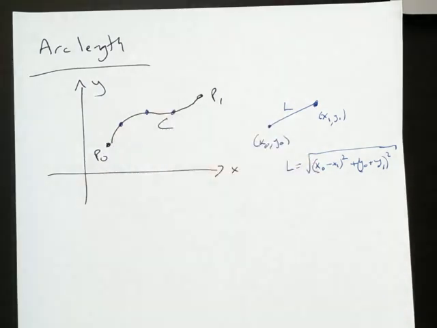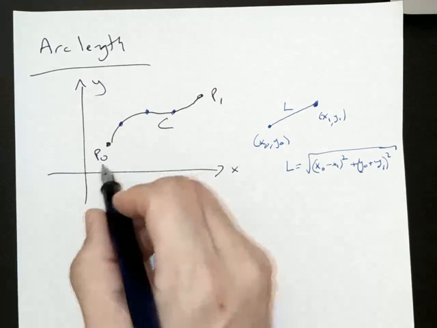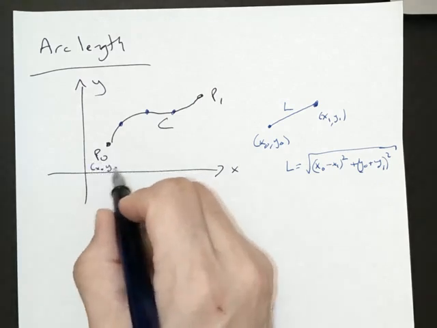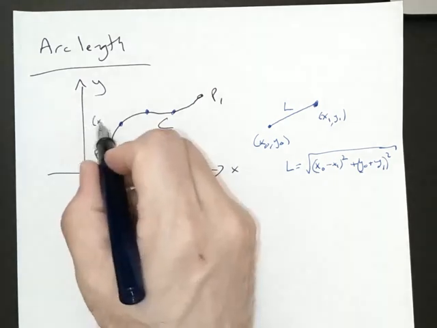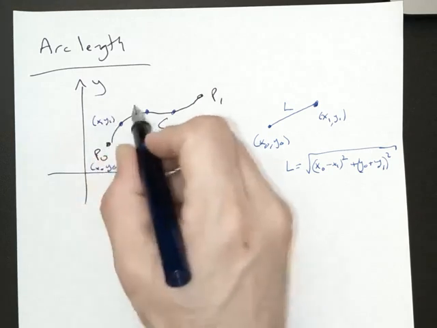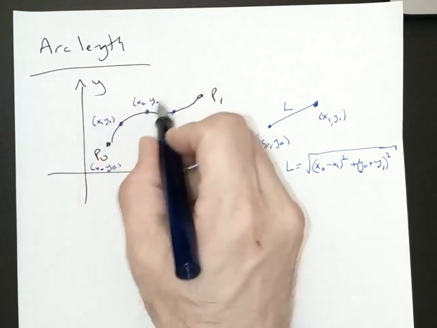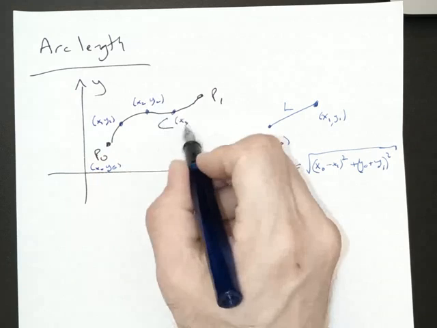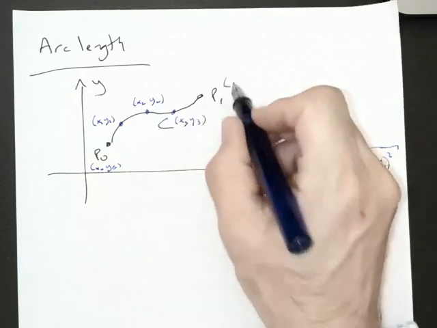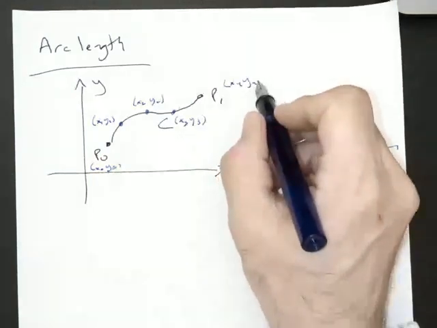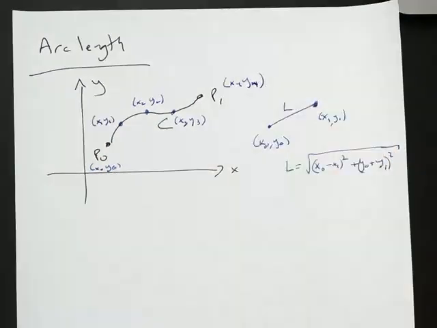I've just added 3 dots. So I have this point, which will be x0, y0. I have this new point, which will be x1, y1. And then here I'll have x2, y2, and x3, y3, and x4, y4. Right?